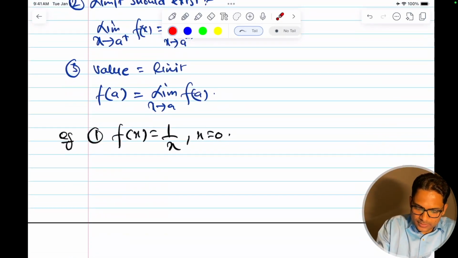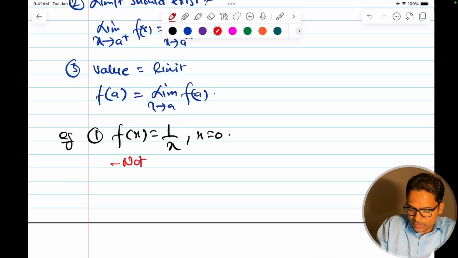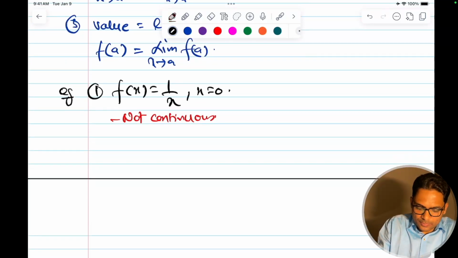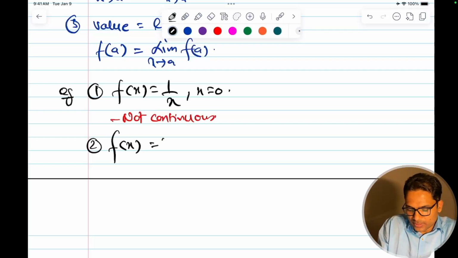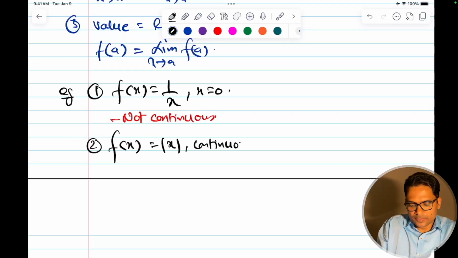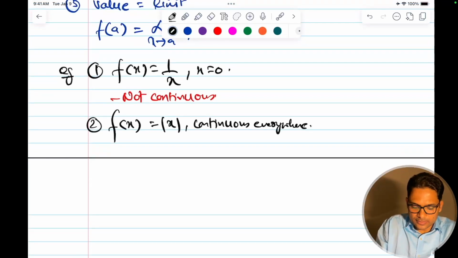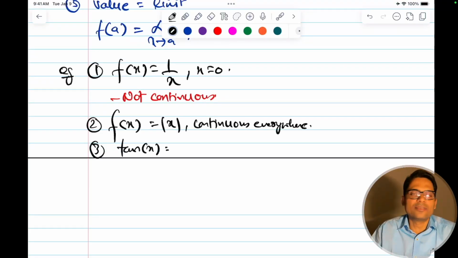So this f of x is not continuous. And for example 2, f of x is equal to mod x, this is continuous everywhere. And if you have functions like tan x, it is discontinuous at infinite points. You can check the graph. Let me show you here itself.